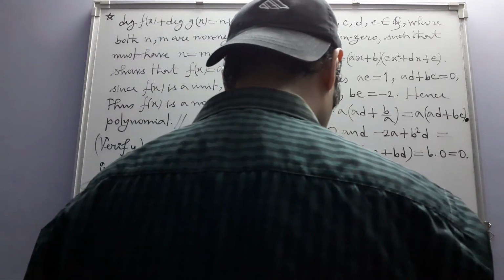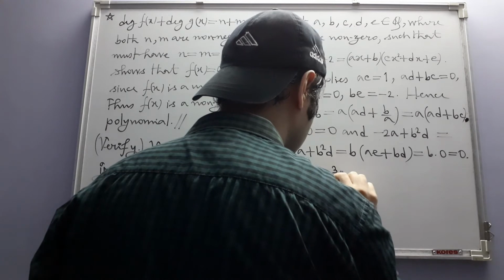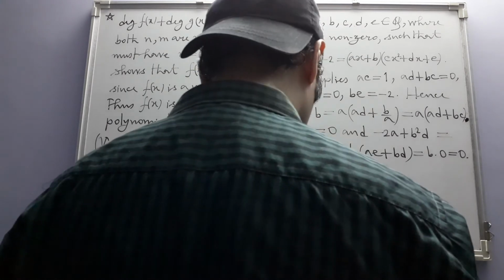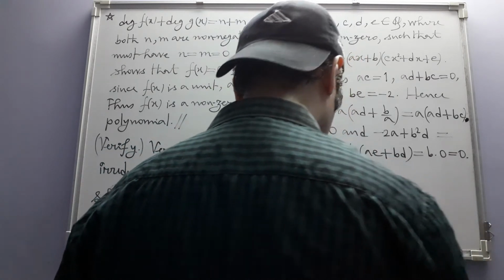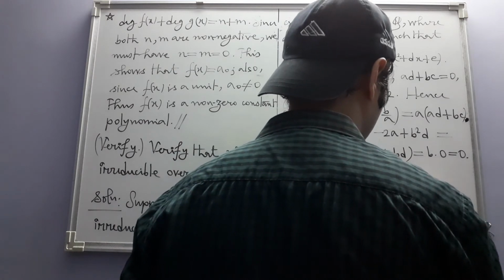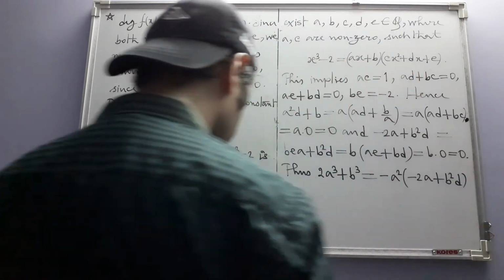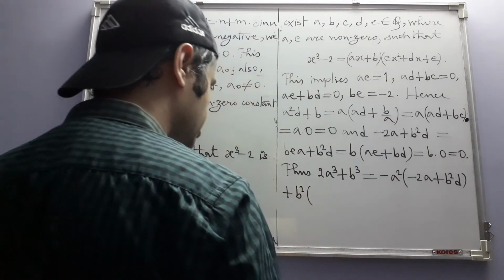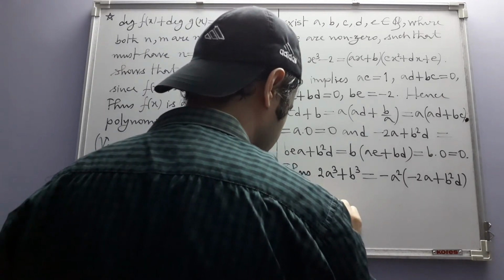Thus 2A cube plus B cube, this can be written like this: minus A square times minus 2A plus B square D plus B square times B plus A square D.